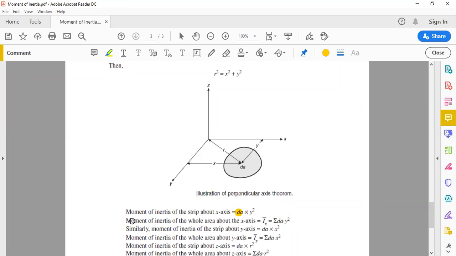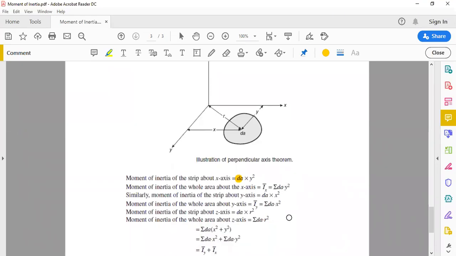In the next step, I calculate the moment of inertia of the whole area about x-axis. Since it is with respect to x-axis, I denote it as Ix bar, and for the whole area I write sigma dA into y square.